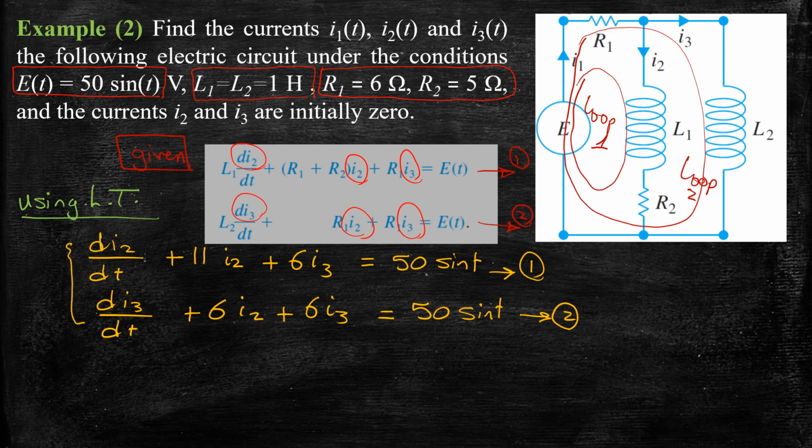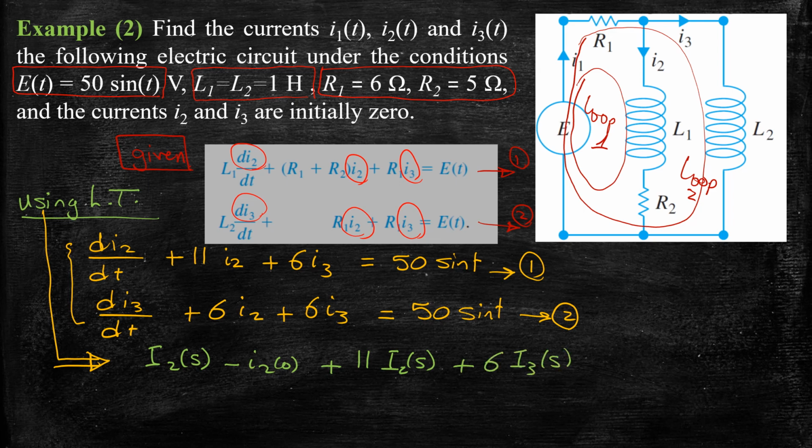Taking both equations right now and doing the Laplace transform, we end up with s I2 of s minus I2 of 0 plus 11 I2 of s plus 6 I3 of s equal to 50. And don't forget, this is a sine, so it will be 1 over s squared plus 1.